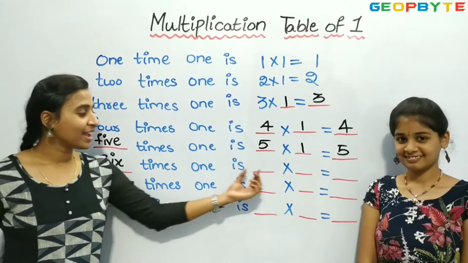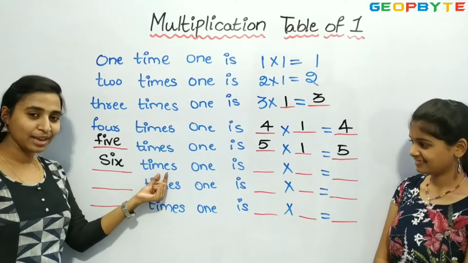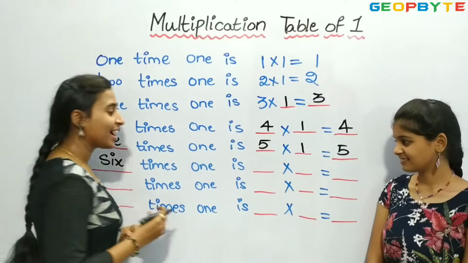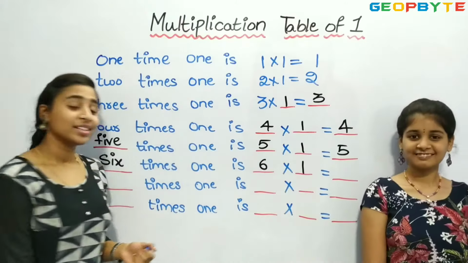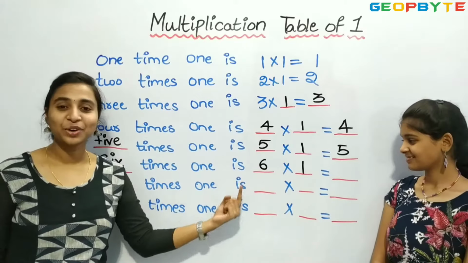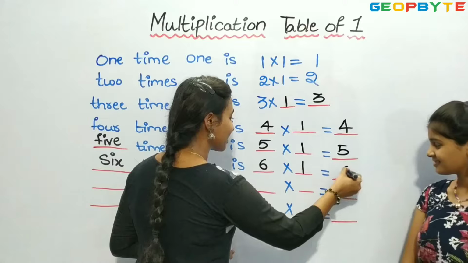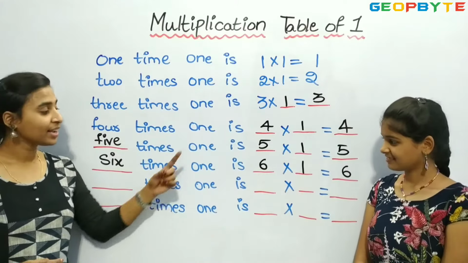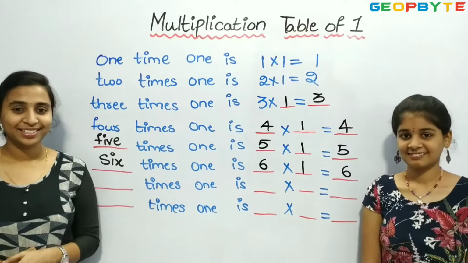So children, here we can write 6 into 1 as times is nothing but multiplication. 6 into 1 or 6 ones are 6. So 6 times 1 is 6 into 1, that is equal to 6.